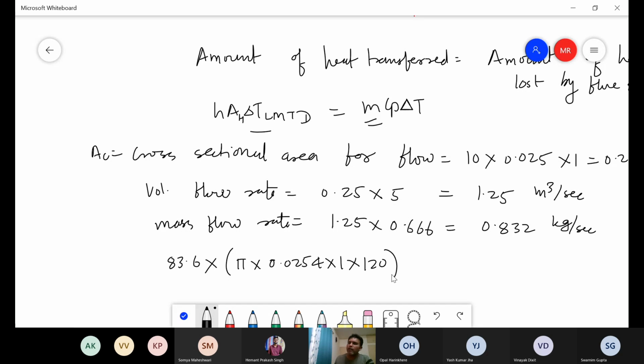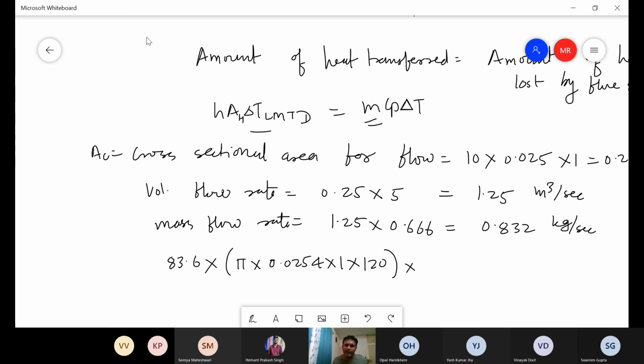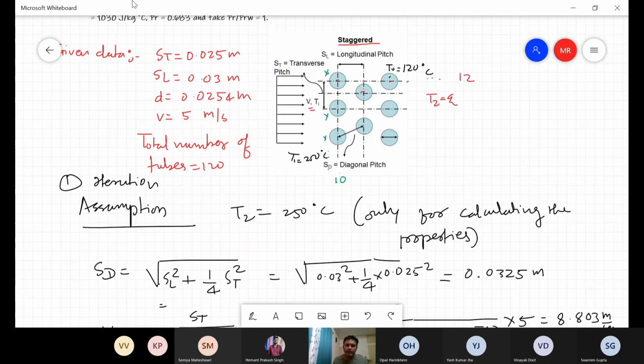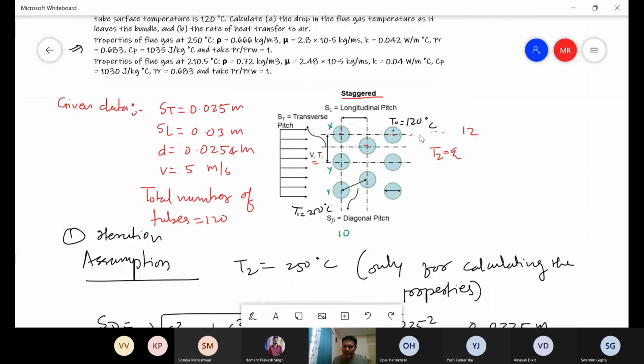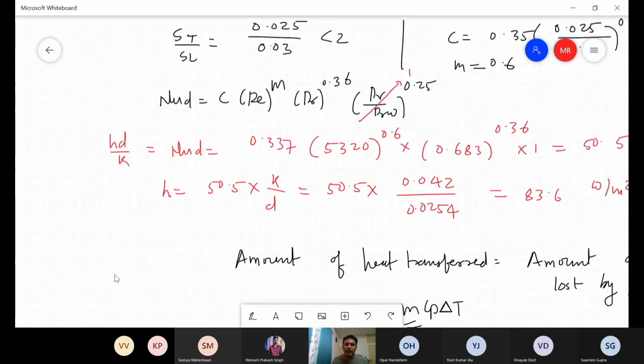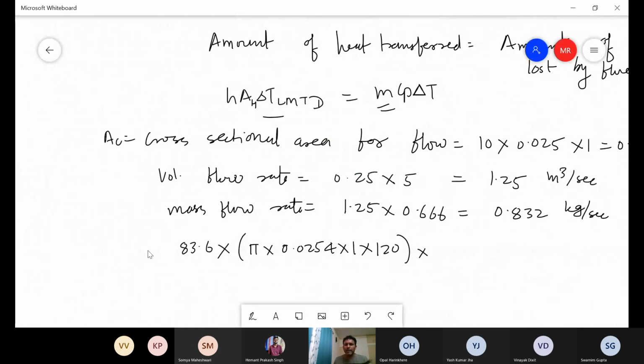So this is the area for heat transfer, into delta T LMTD. What is delta T LMTD now? The temperature difference at the left hand side of this particular figure is 250 minus 120, and the temperature difference on the other side is T2 minus 120, and based on that we have to find out the log mean temperature difference.